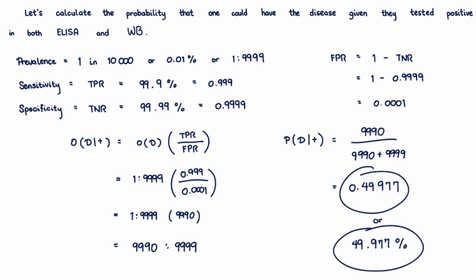So even with positive test results in both tests, an individual blood donor's probability of truly being infected with HIV is a little less than 50%.